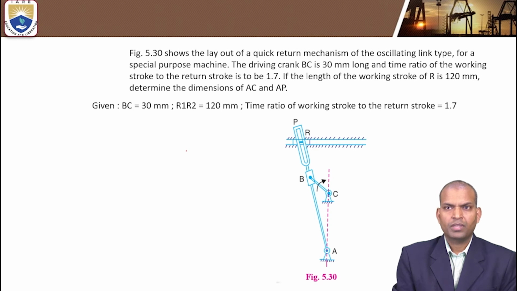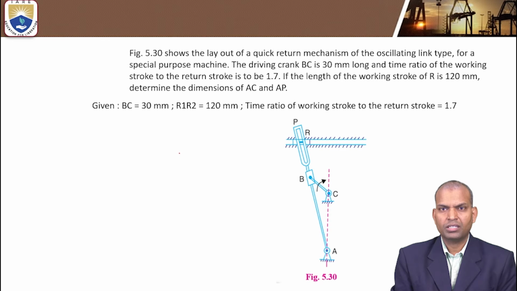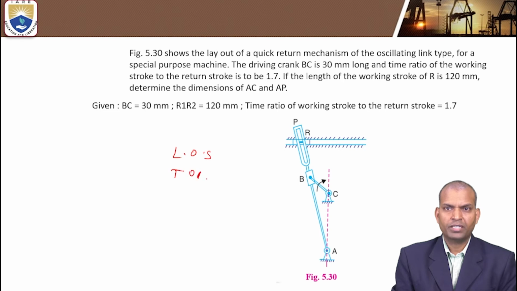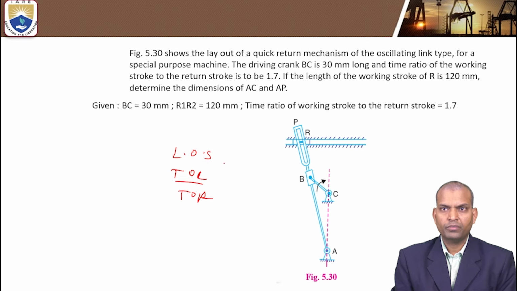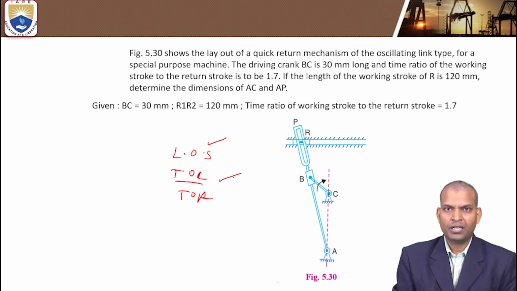The same thing, this is also a model. In previous questions the objectives were the vertical angle, the length of the stroke, and time of cutting to time of return. In this problem, the length of the stroke and the time of cutting to time of return are given.